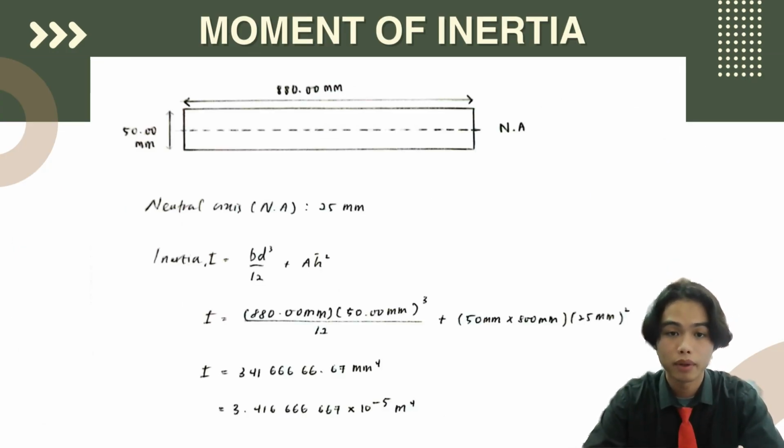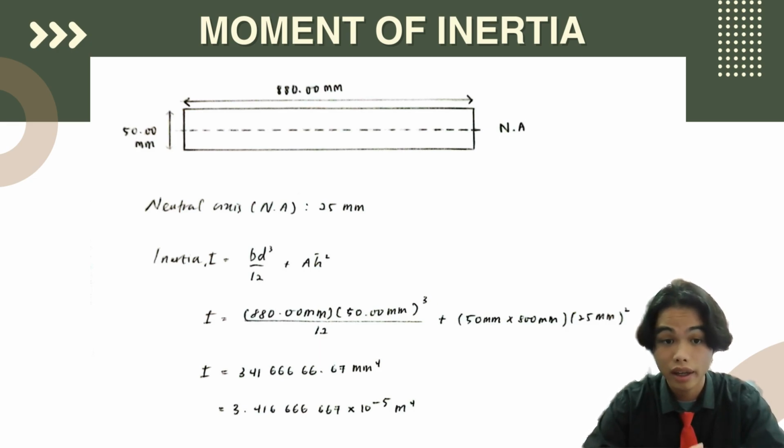Now back for my part. I'll be presenting the calculation of moment of inertia on the table board. As you can see, the length of the table board is 880 mm and the height is 50 mm. Since the table board is a perfect rectangular shape, I assume the neutral axis will be its center, which is 25 mm.